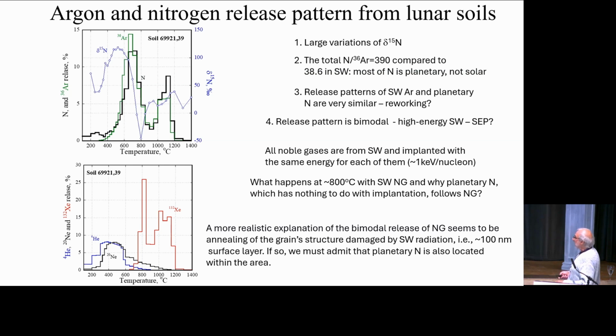During step heating in the laboratories, at about 800 the annealing process starts, and it initiates the release at high temperature of the rest of the gas, which was not released at the lower temperature. That's why we have two peaks.